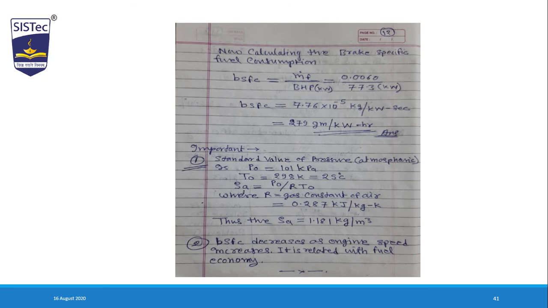So the density is 1.181 kg per meter cube, and R represents the gas constant of air, that is 0.287 kilojoule per kg Kelvin.